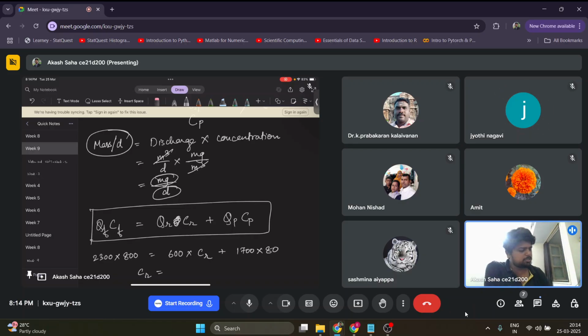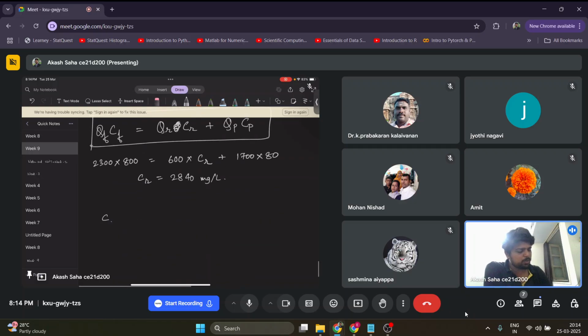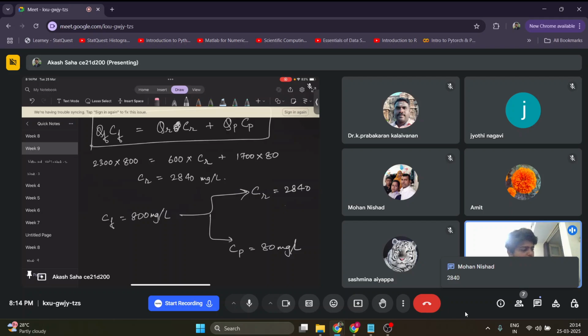Yes, it is 2840 milligram per liter. So you see, the feed that was coming in was 800 milligram per liter, the permeate that we are getting was 80 milligram per liter, whereas the retentate is around 2840 milligram per liter.